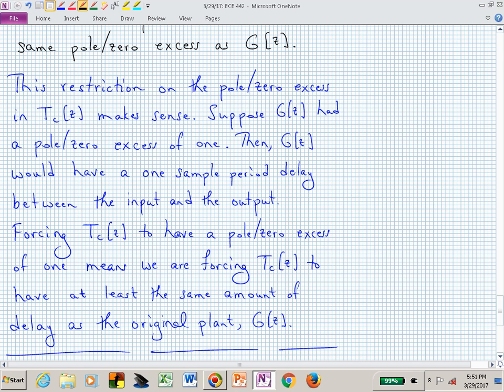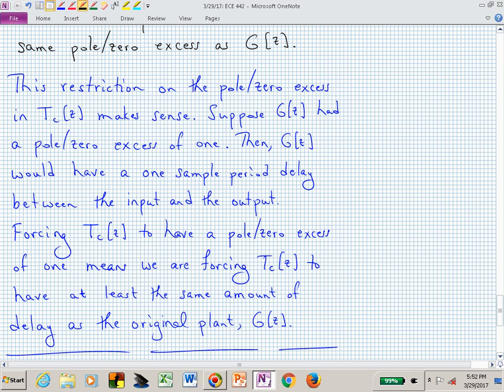So now, this restriction on the pole zero excess in t sub c of z hopefully makes sense. And like I said, we've already looked at what would happen if g of z had a pole zero excess of 1. What does that mean? If g of z has a pole zero excess of 1, we now have really one delay between if we put in an input to that system and look at the output. So we have a one-step delay between the input and the output.